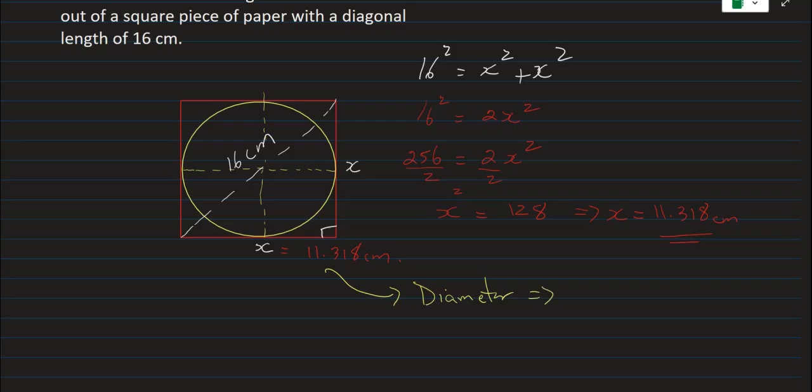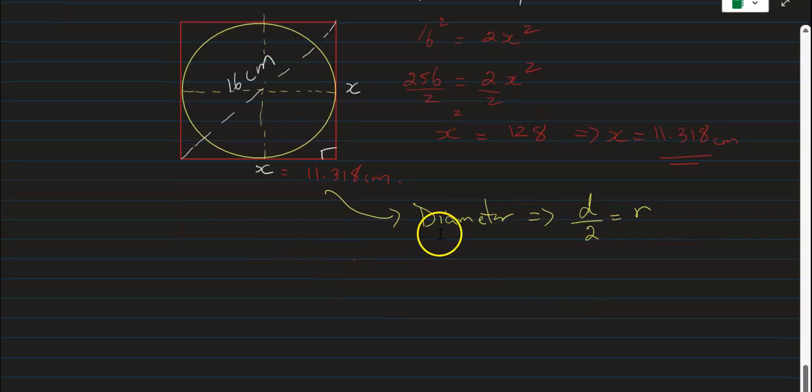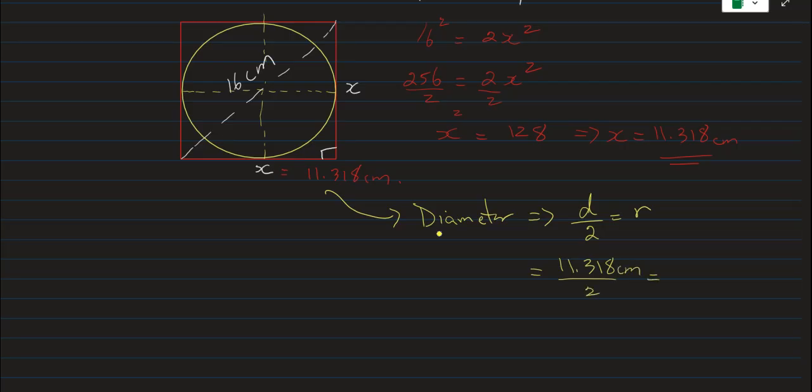but we don't want the diameter, we want the radius, so we have to divide. So the diameter divided by 2 will give us the radius, and in this case, 11.318 divided by 2 is approximately 5.7, because it does say to the nearest centimeter, and that is centimeters.